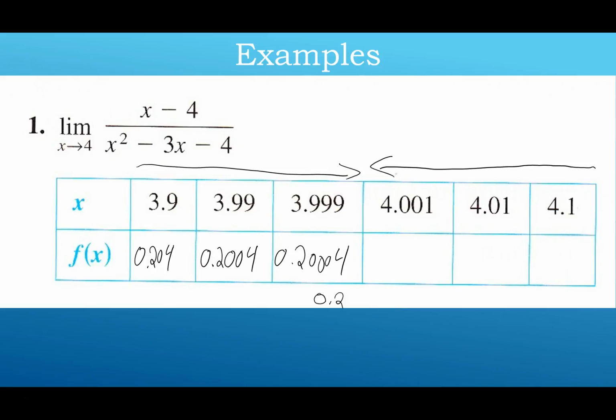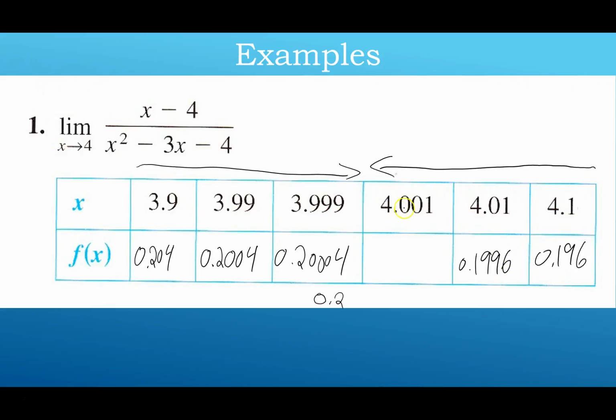Let's see if the right-hand side agrees. We'll plug in 4.1 for x, and we get 0.196. As long as this number keeps getting bigger, that will agree. So let's see what happens when I plug in 4.01. And I get 0.1996.